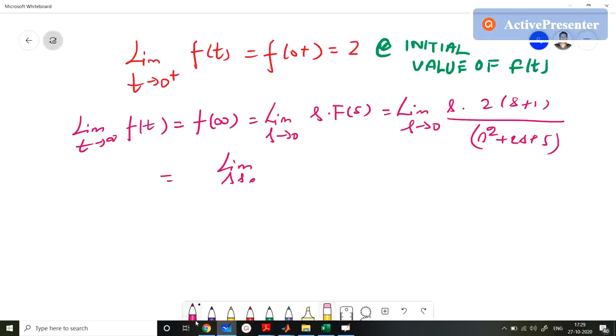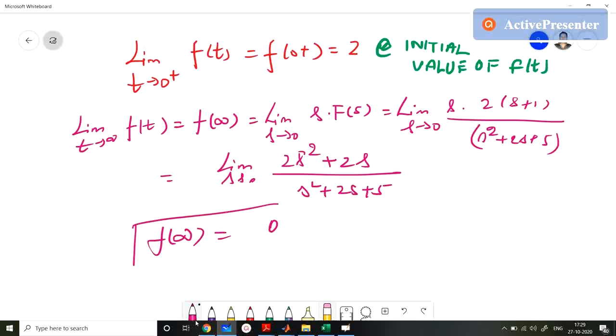First we multiply and open out the bracket, so it is (2s² + s) divided by (s² + 2s + 5). Now we apply the L'Hospital rule, and we will get 0. Please check. So the final value is 0. So f(∞) is 0.